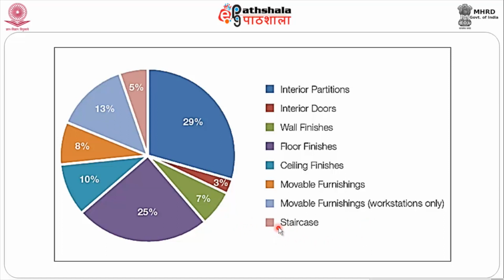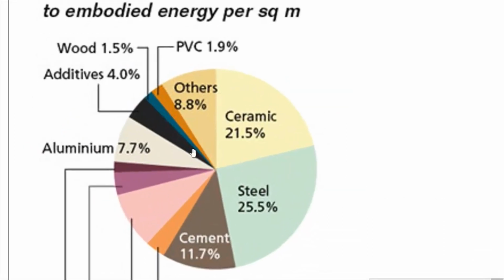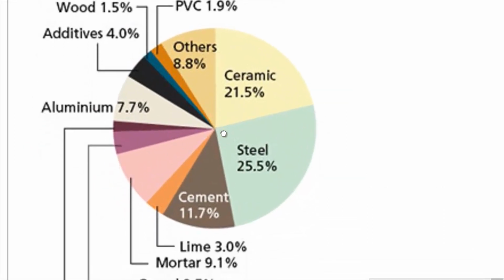Staircases, the materials used in staircases in terms of cladding and then finishing or polishing. So, thus we understand that interior partitions and flooring inside the building have higher embodied energy, and the other factors are very low.